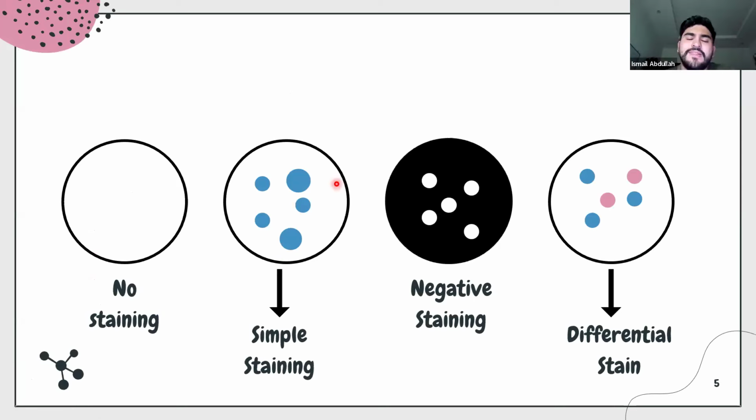This ink gives you these white areas that are not stained. Basically, this indicates that there's growth happening there, there's an organism right there. A differential stain, however, is going to differentiate it for you. It tells you that there's this certain organism and this certain other organism growing.